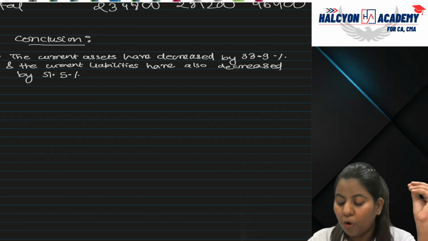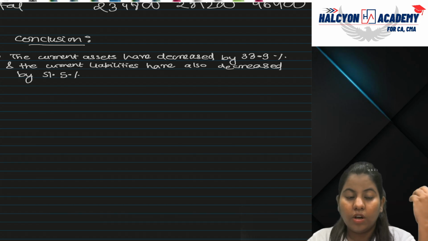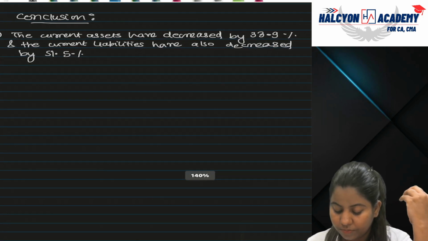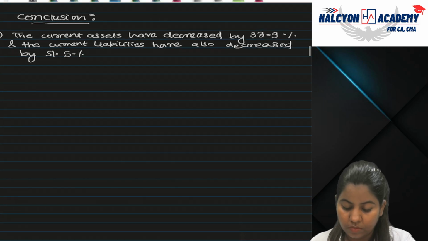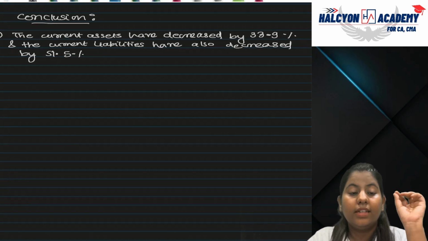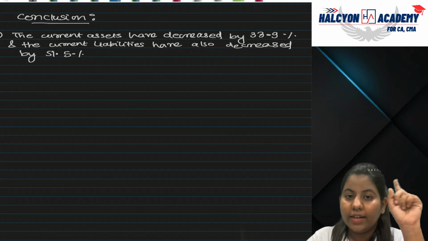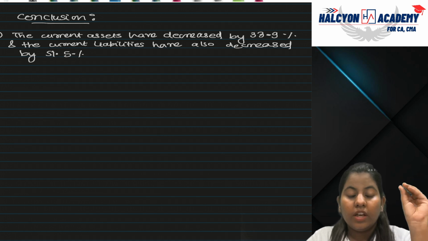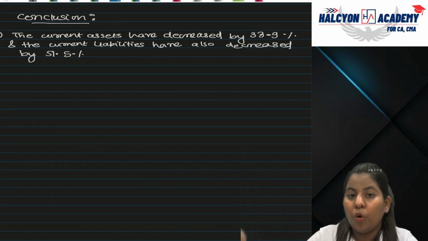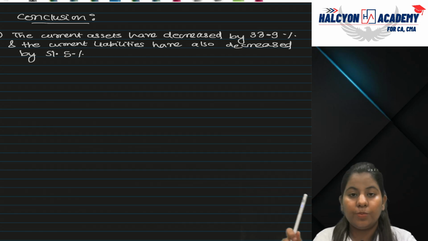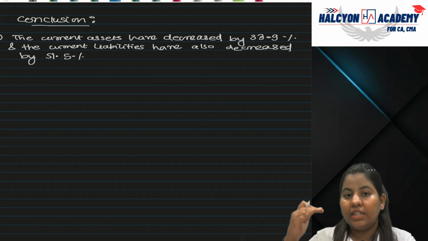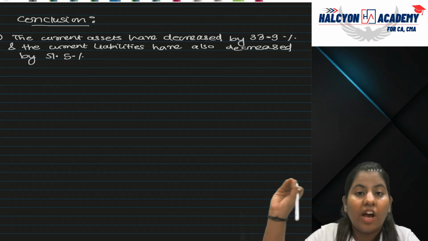So what does it mean? There is a decrease in current assets and also in current liabilities. But our current assets have decreased by 33.9% while the current liabilities have decreased by 51.5%.